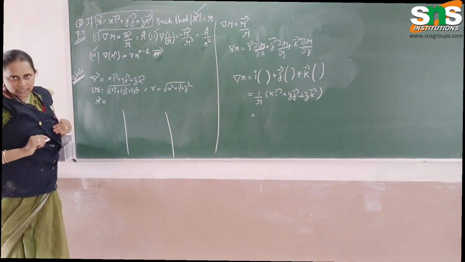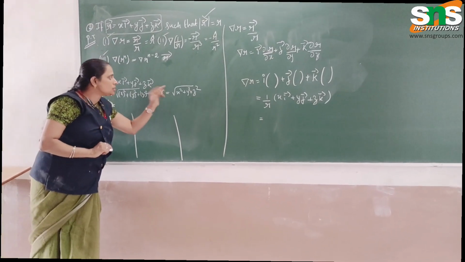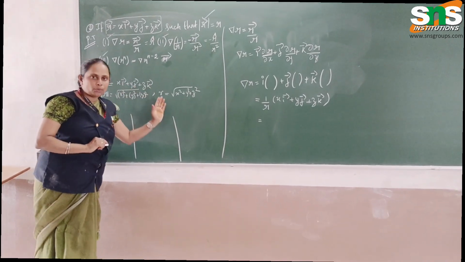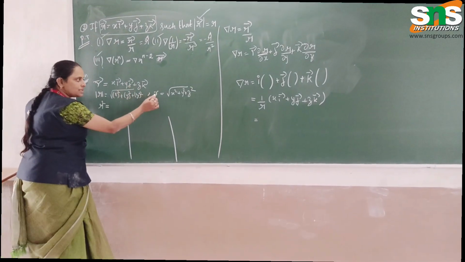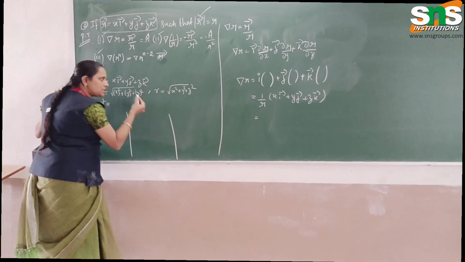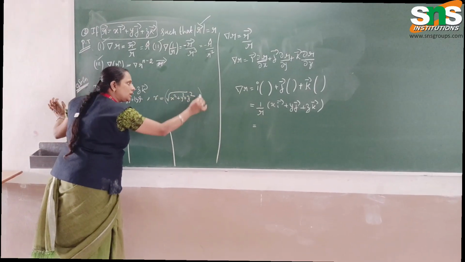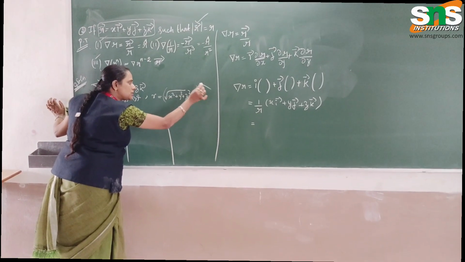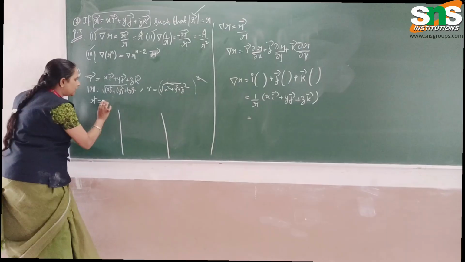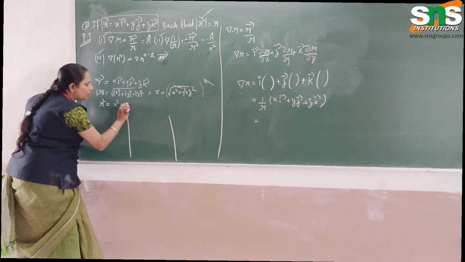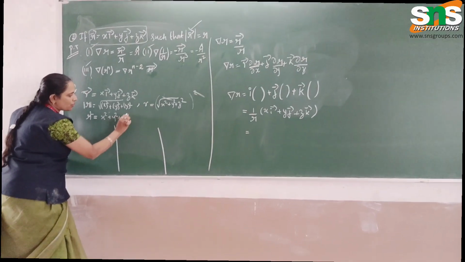Then we have to find the R square value. Taking square on both sides, we get R square equals x square plus y square plus z square.